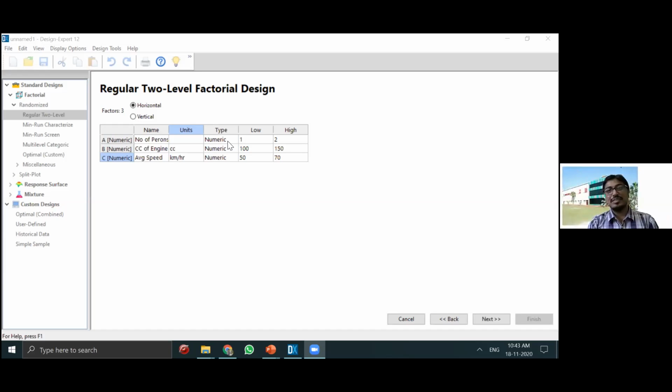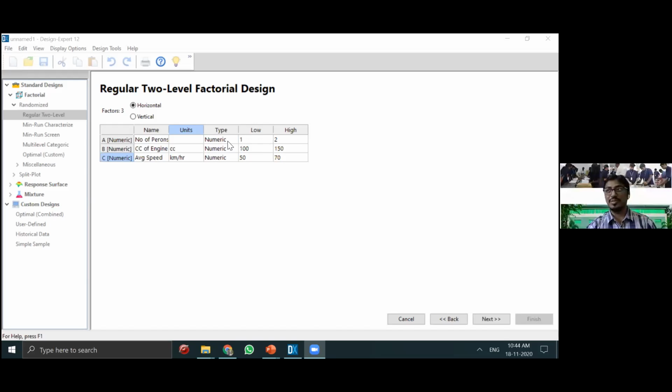But then you have to go for blocking. You have to go for blocking for one category. For 1 person or 1 category, you have to do one set of experiments, and for the other category, you have to do another set of experiments. So categorical factors we can deal with that way, or we call it blocking. For block 1, one category factor will be there. For block 2, another category factor will be there.